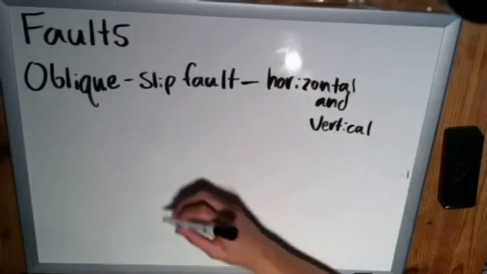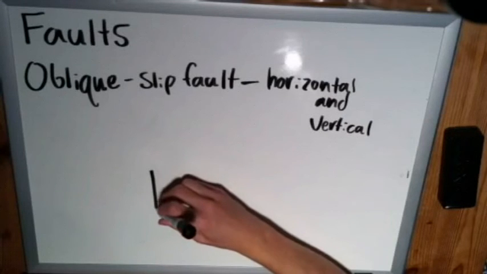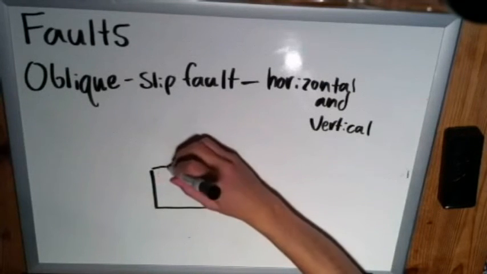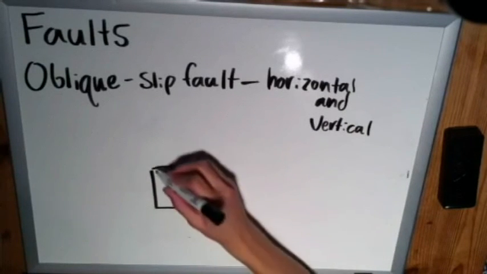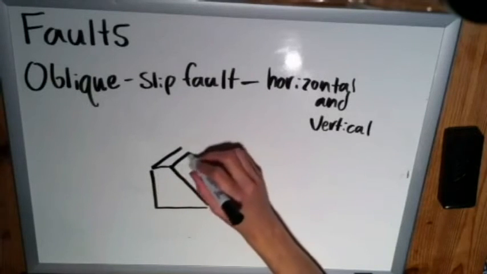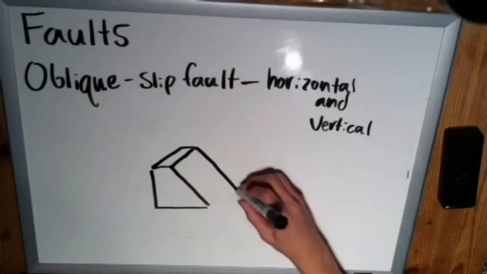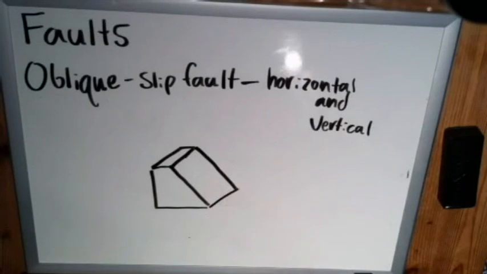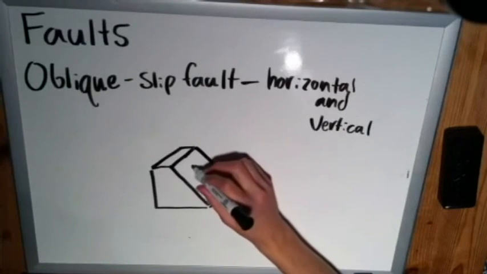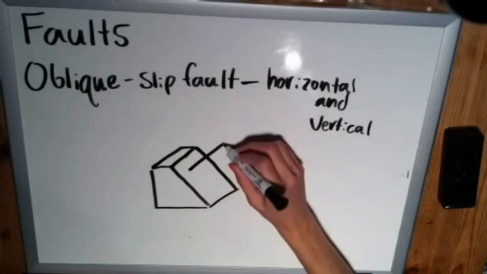So if you just want a visual representation of this, we've got another three-dimensional block diagram, because we kind of need these here. Let's say that's our first block. Right there. And then maybe there's another one right there.